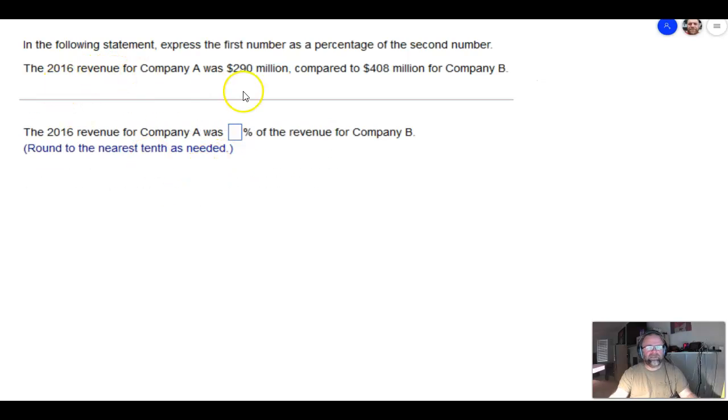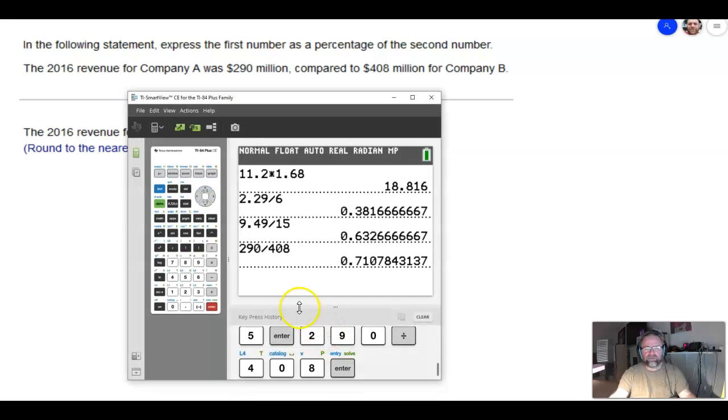Okay, so for the next one, it says, in the following statement, express the first number as a percentage of the second number. In 2016, revenue for company A was $290 million, compared to $408 million for company B. So we want what percent of 408 is 290, or what is the percentage of 290 compared to 408? The easy way to do that is just to divide.